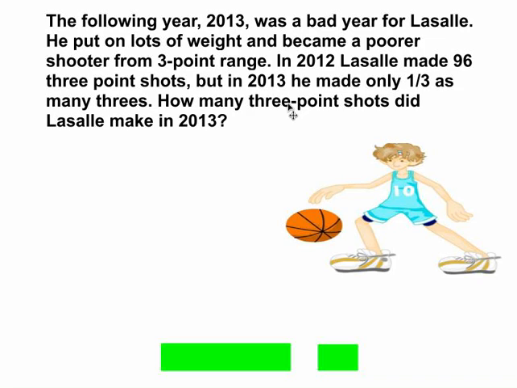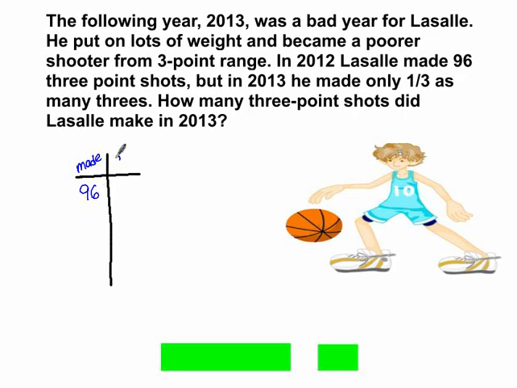First of all, let's organize this information in a T-chart. And if you're using a T-chart, there's an important distinction that you need to make. And what this information is telling us is in 2013, he made 1/3 as many shots as in 2012. So if we just have how many shots he made, let's say in 2012 he made 96.